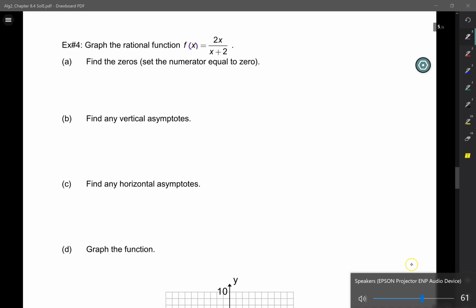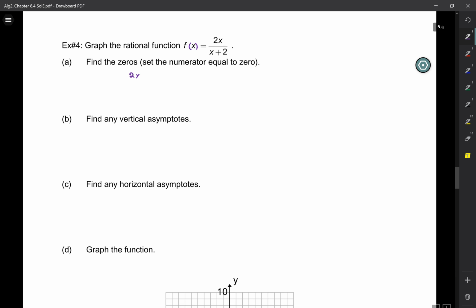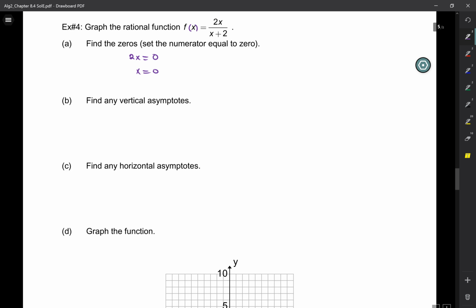Okay, so find the zeros and the vertical asymptotes. Now, horizontal asymptote. I have a degree of 1 on top and a degree of 1 on the bottom.